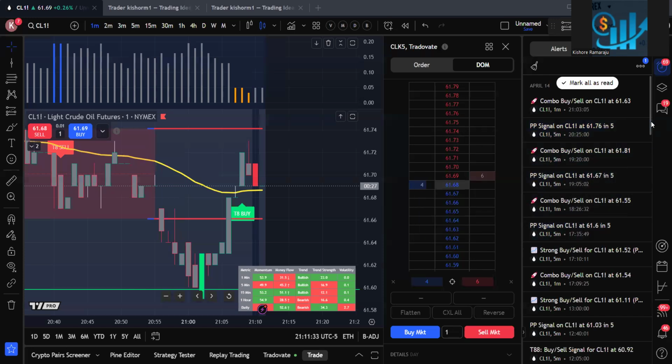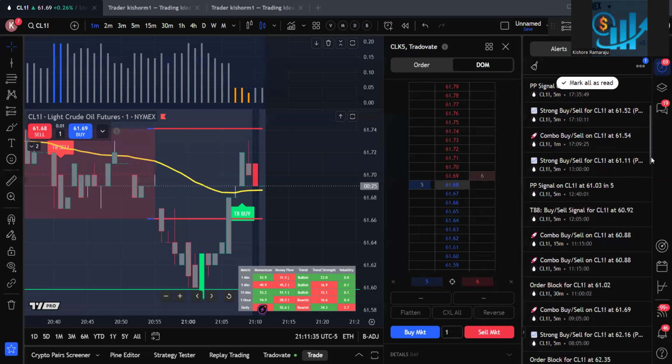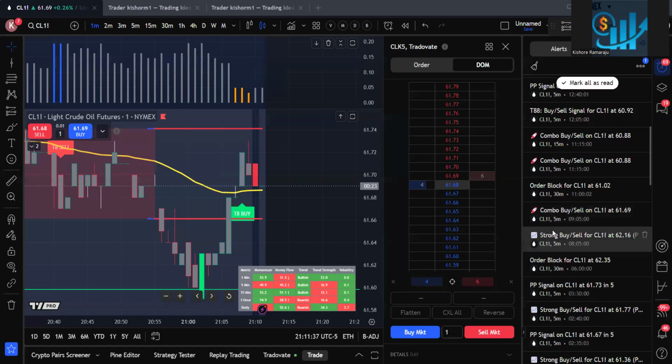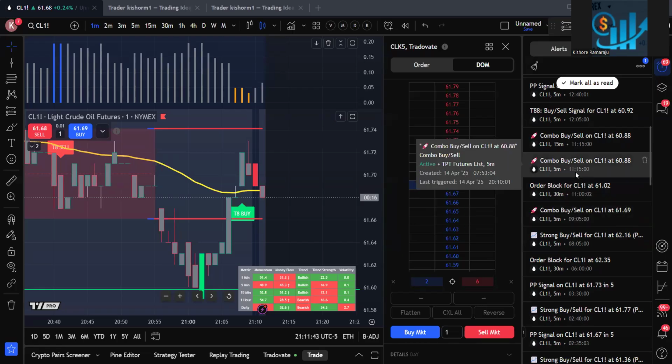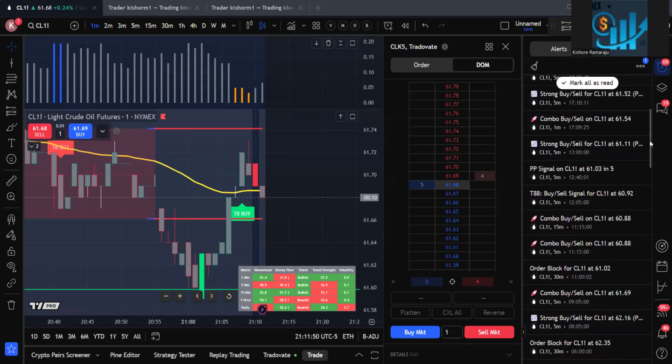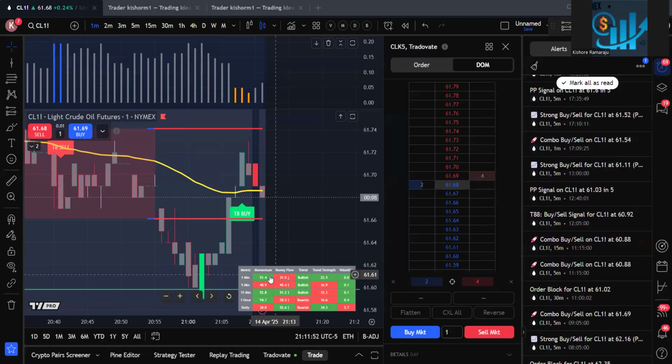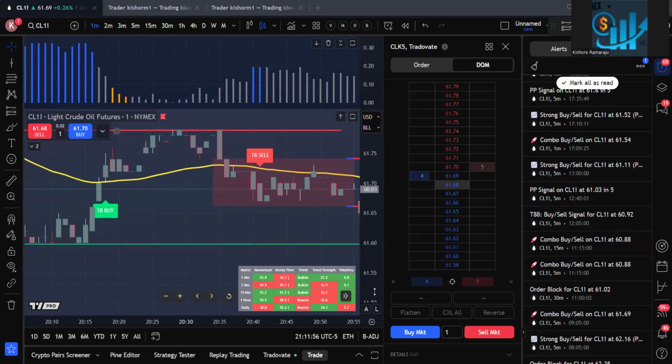Crude oil, right, we got a combo buy at 61.69 at 9:05. This one was at 60.88 at 11:15. From 60.88 it went all the way to here.